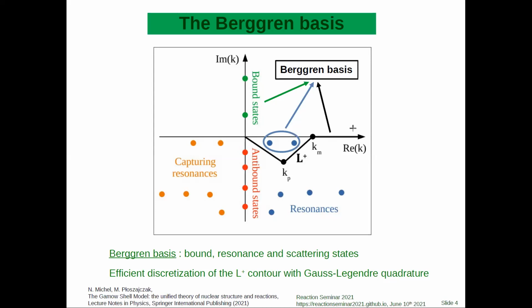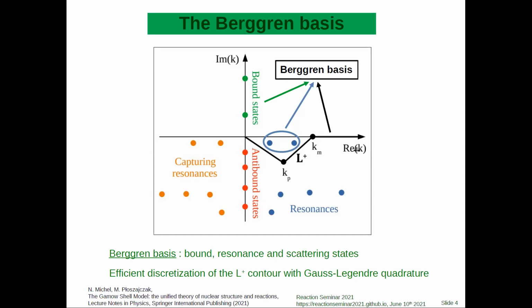It has been shown to be very precise numerically in practice. For this, we discretize the contour with the Gauss-Legendre quadrature, so that we have a basis which is in the end discrete, but which converges to the continuum limit by taking more and more Gauss-Legendre points. It has been shown that with around 30 to 50 points, we have convergence.